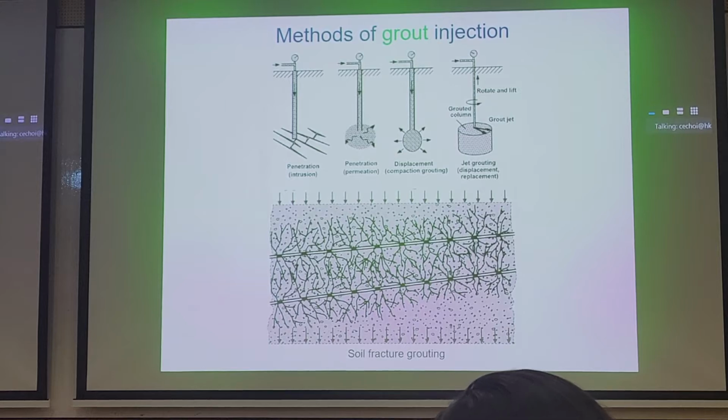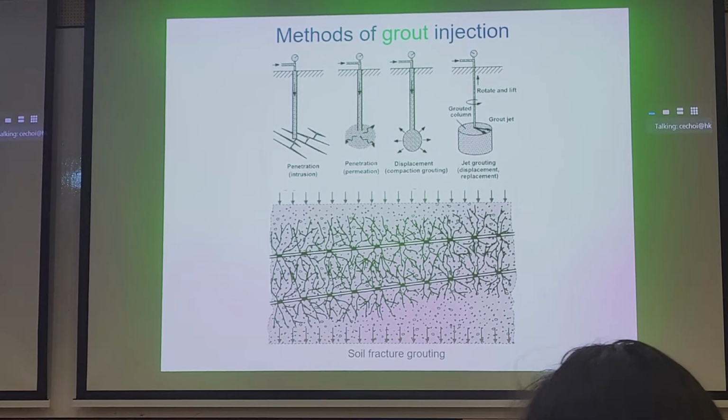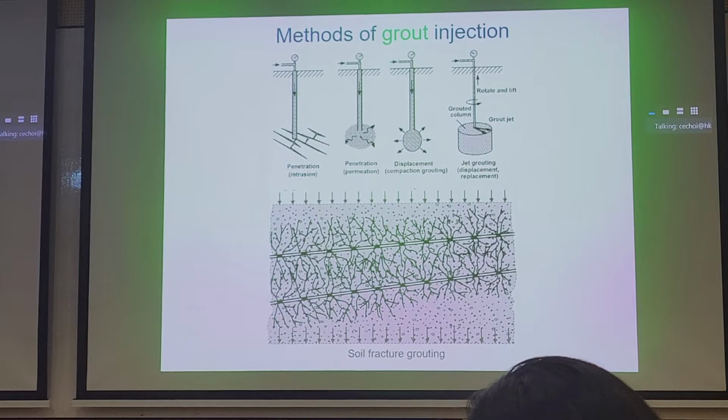You're not trying to cause additional fractures in the ground, so you're not doing penetration grouting at particularly high pressures. You just want a relatively mobile grout design to permeate and move into any voids in the ground. Most of the time, the intrusion grouting will require very low pressure.